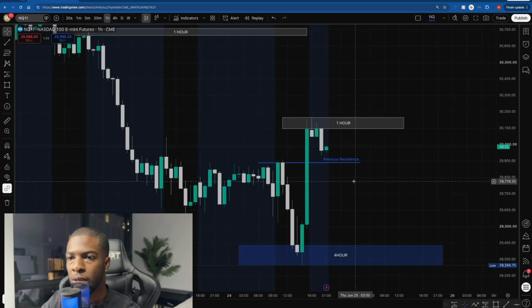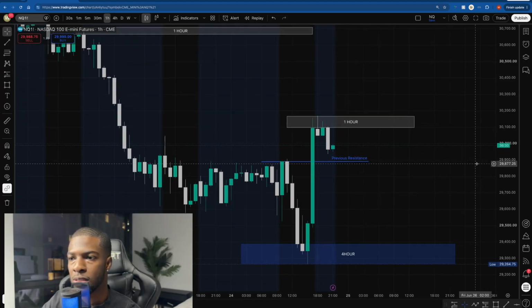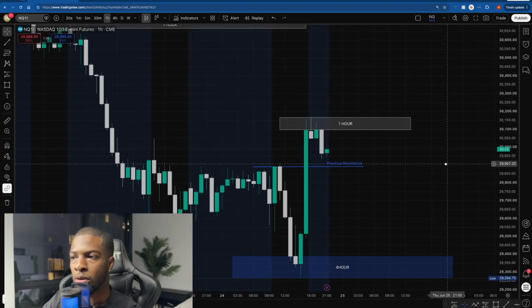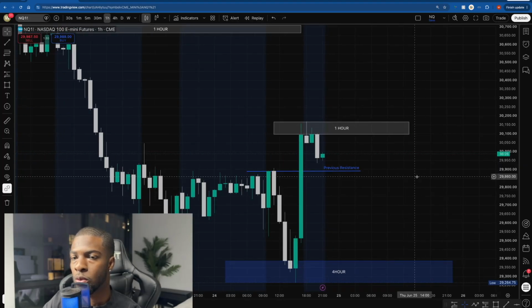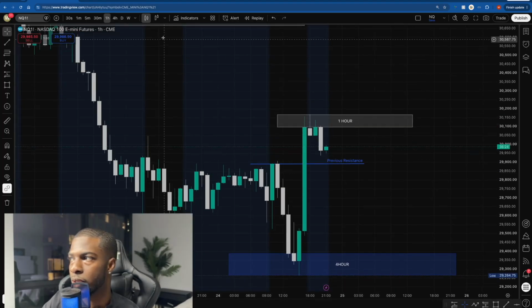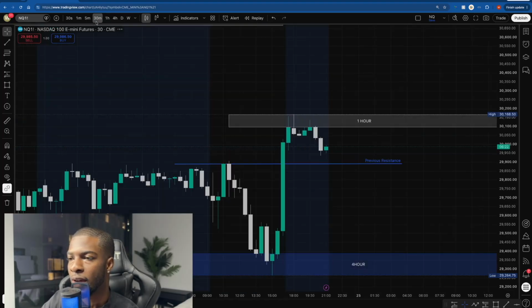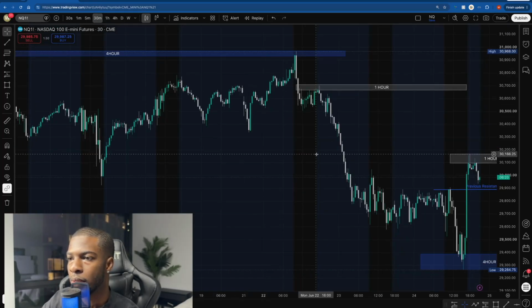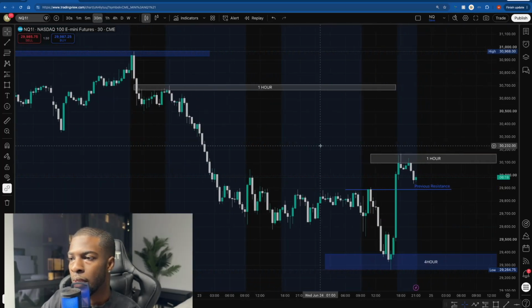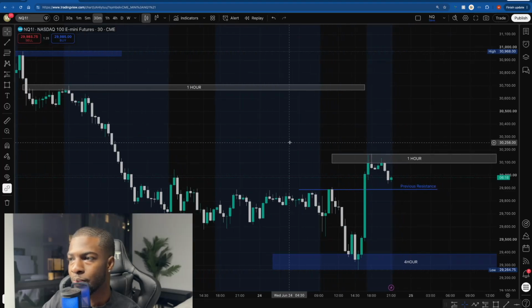But just marking out these key levels gives us some sort of area to key into whenever we're taking our trades. So now if I go down to the 30 minutes, it will give us some more detail.